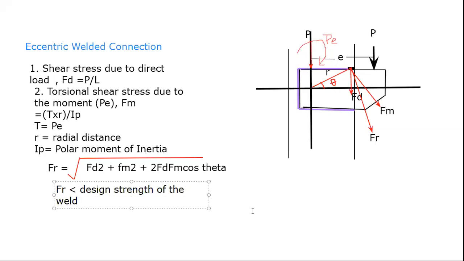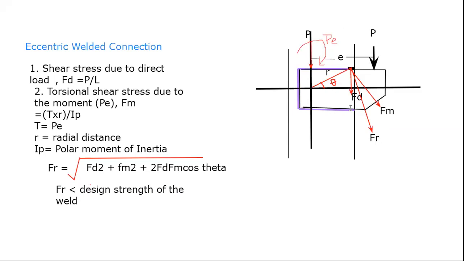Sometimes we have to find out the adequacy of this section, whether the section is safe or not, whether the length and the size of the welding provided to this member is enough to resist the load acting eccentrically. So these are my problems. How will we check whether the design that we have made is safe or not? We have to ensure that the resultant stress due to this eccentric loading should always be less than the design strength of this weld.